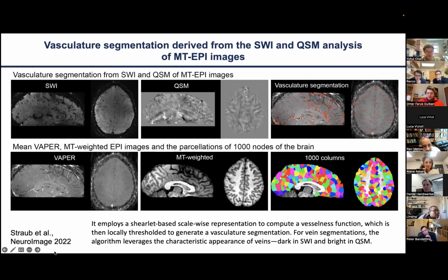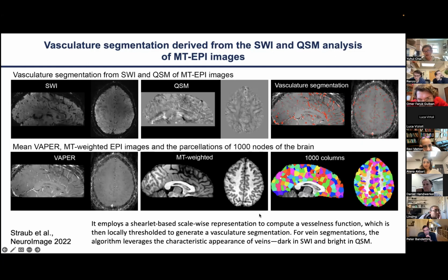Here we use methods developed in this paper, based on GRE, SWI and QSM images. For example, for the veins segmentation, those voxels will appear dark in SWI and bright in QSM, so we can segment veins.